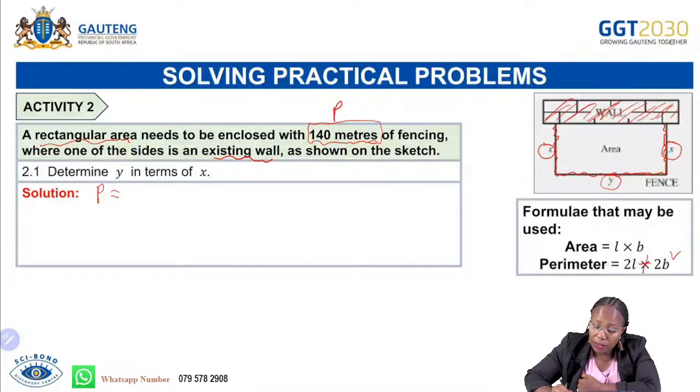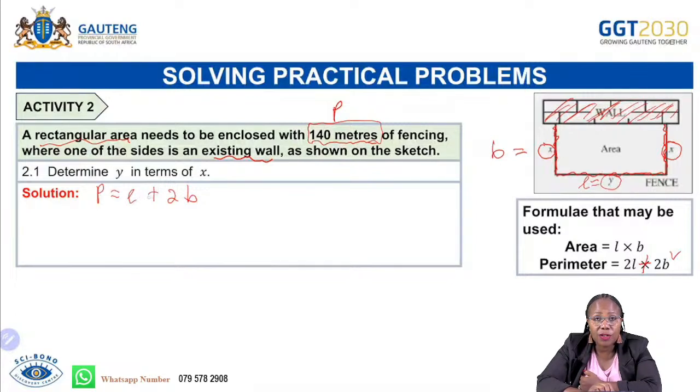But in this case, are we having 2L and 2B? No, we have only 1L plus the 2B. Remember, this is our length. We have only one. But breadth, we are having two sides of breadth, that side and that other one. So the perimeter formula will be L plus 2B for this, because we will be only fencing 3 sides, okay?